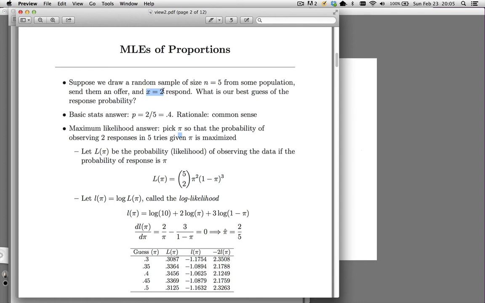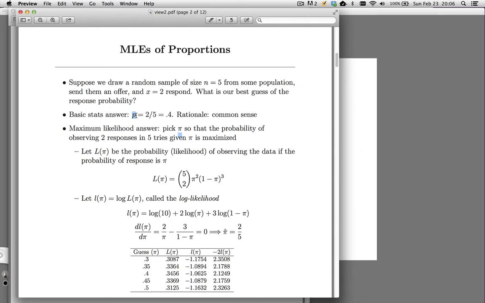So the question is, what is our best guess of the response probability? So there's really some parameter that we're trying to estimate. The parameter is pi, the probability of a head, or a response in this case. So what's our best guess as to the probability pi, or I guess I called it p here?